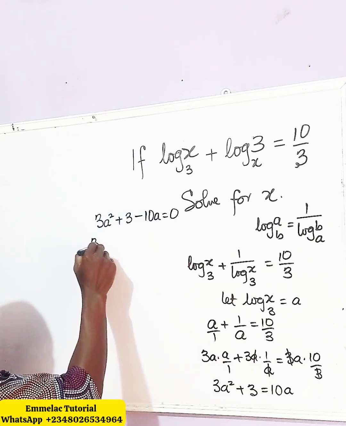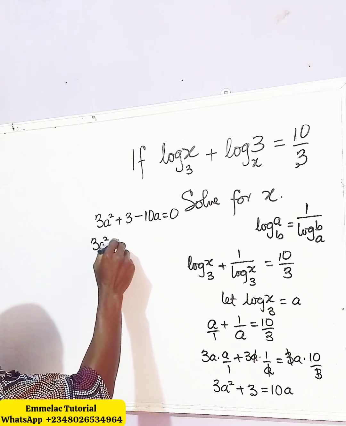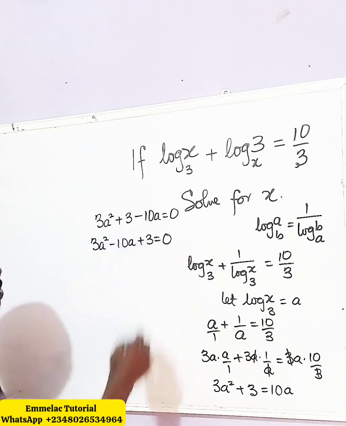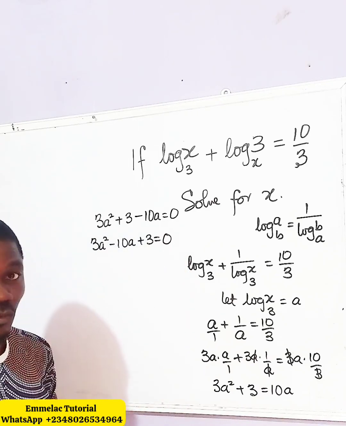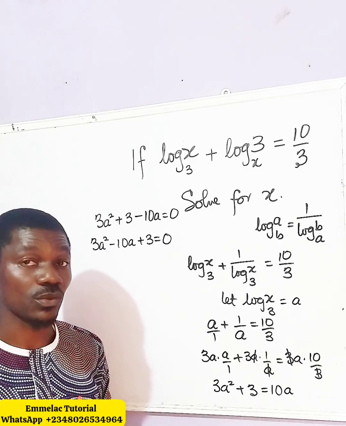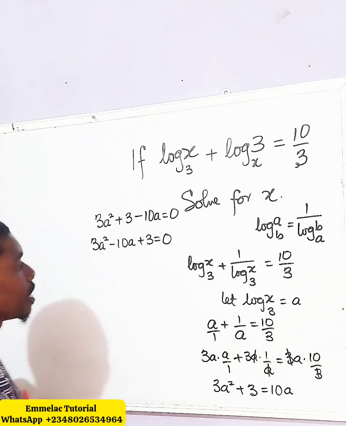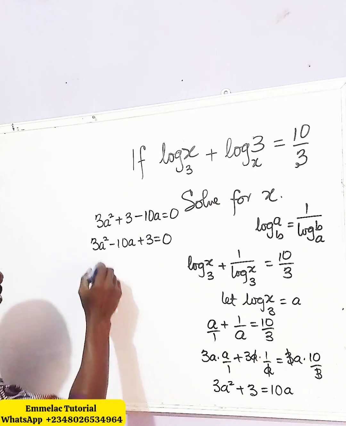Let us rearrange: 3a squared minus 10a plus 3 equals 0. Now you can see we've arrived at a quadratic equation. What next do we do? The next thing is to factorize.